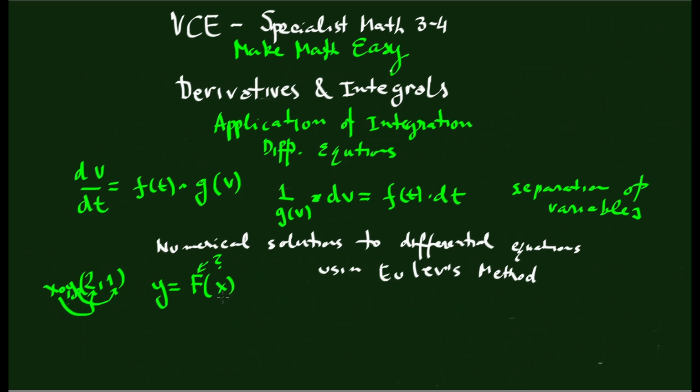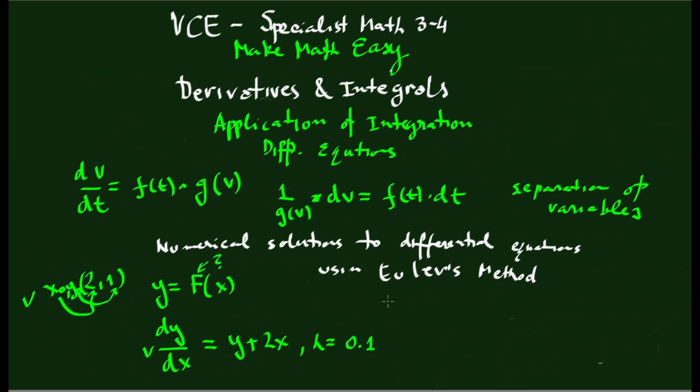And we also know dy by dx, that's given to us. Say dy by dx is, let's say, y plus 2x. And the interval h, we'll say it's 0.1.